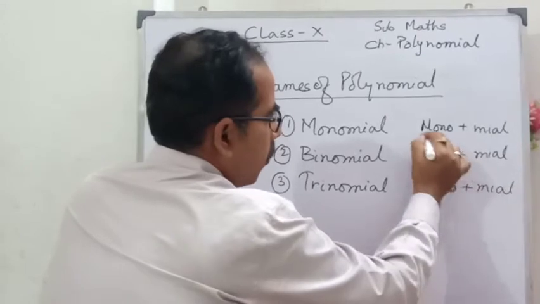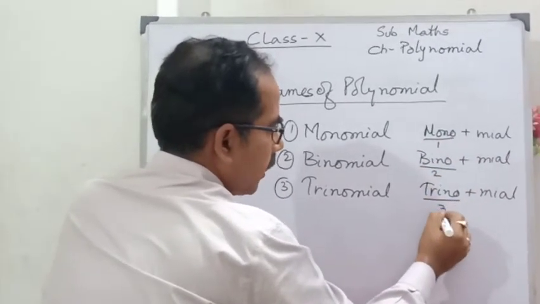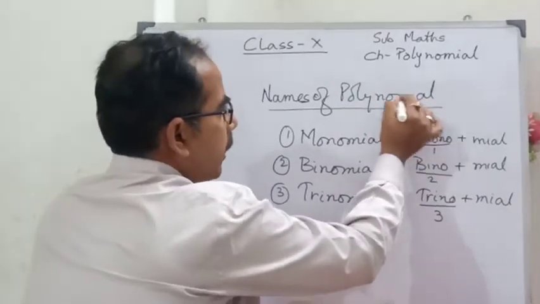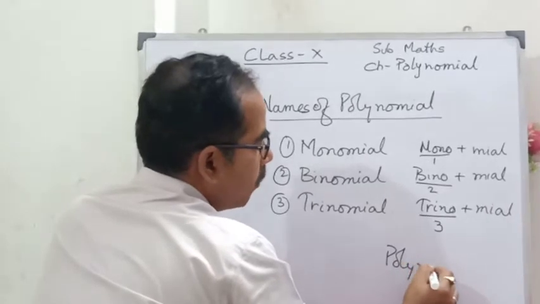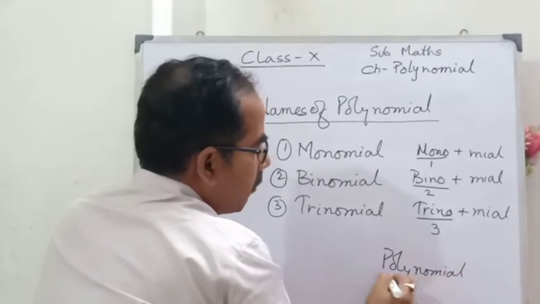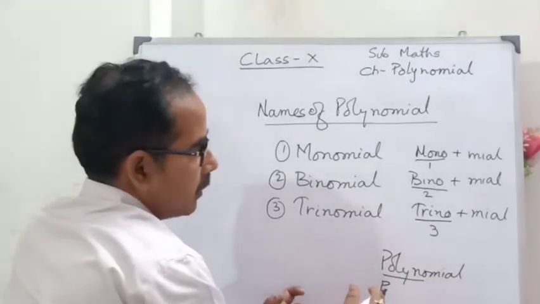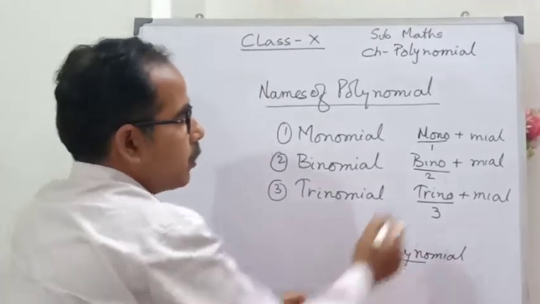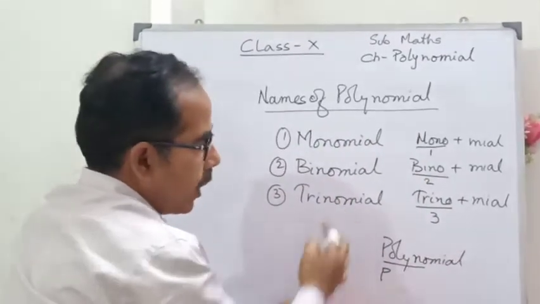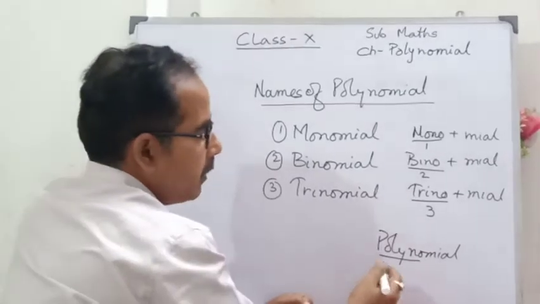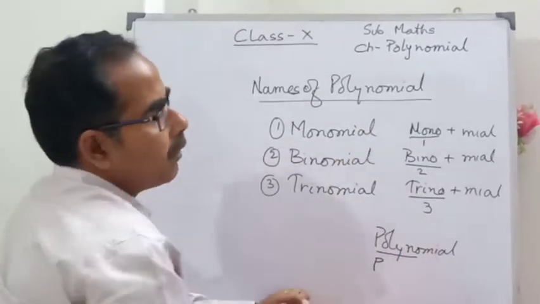Now mono means what? 1. Bino means 2. Trino means 3. Mial means the polynomial. Polynomial also, if we break it, poly means number of terms. So mono means one term, bino means two terms, trino means three terms, poly means many terms. So these are the names of the polynomial.